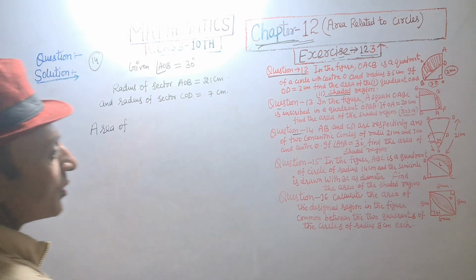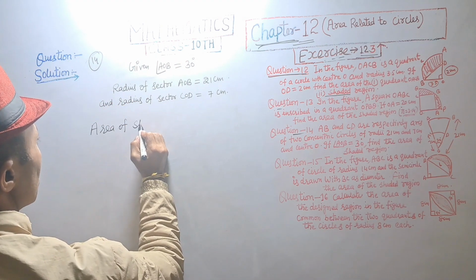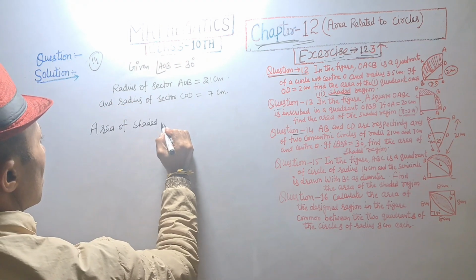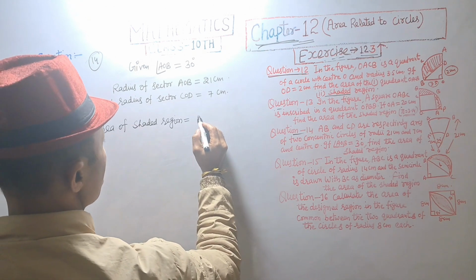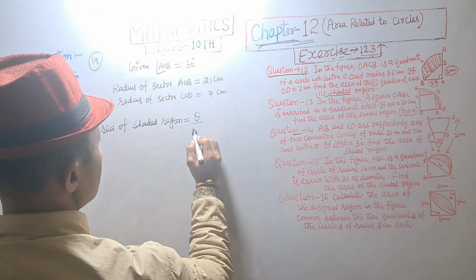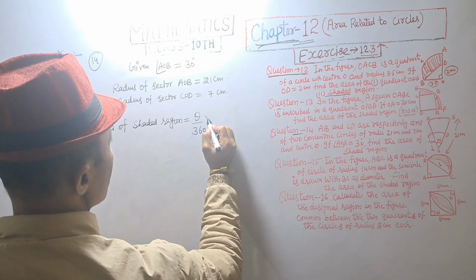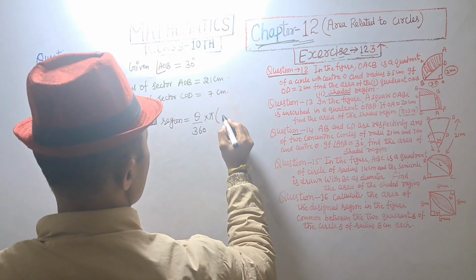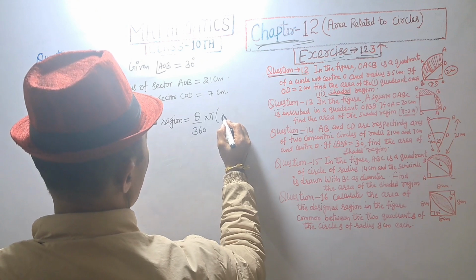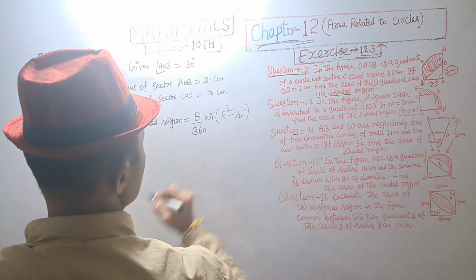Area of shaded region, that is equal to angle theta upon 360 into pi, R square minus small r square.